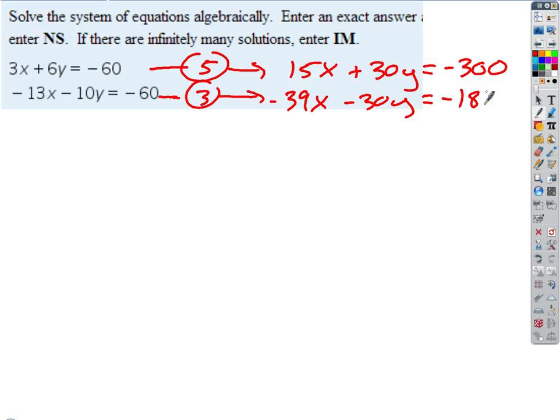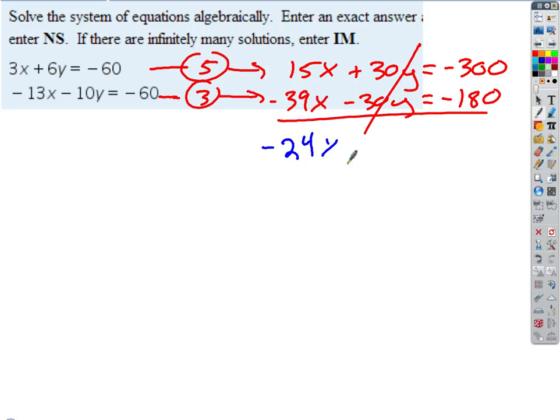If I add vertically, the y's cancel, that's good. And I end up with 15x minus 39x. Remember what we do with that: we subtract the smaller number from the bigger and keep the sign of the bigger, so it's negative. 39 minus 15 is 24.